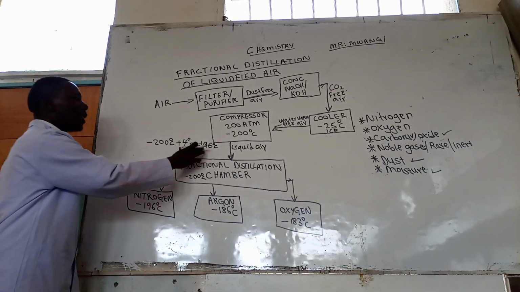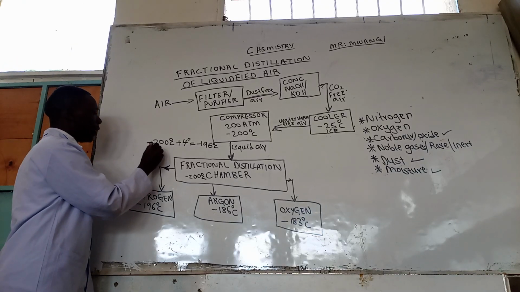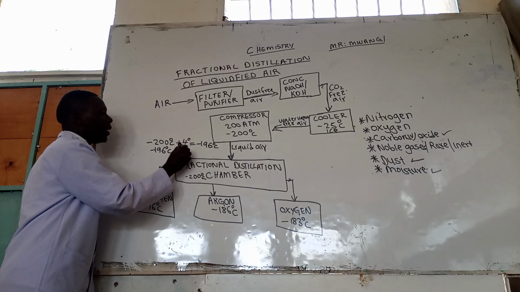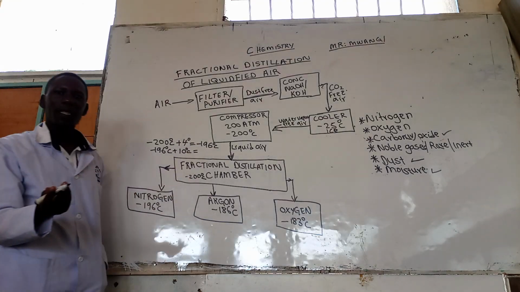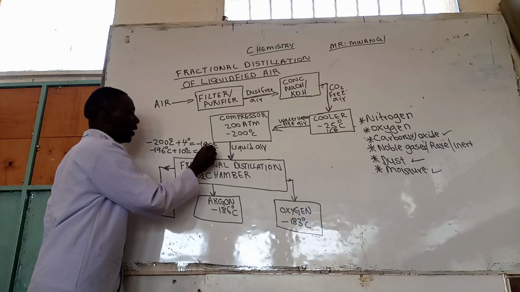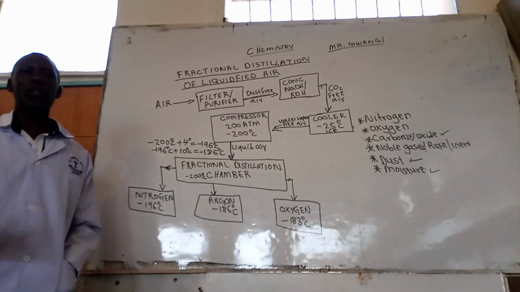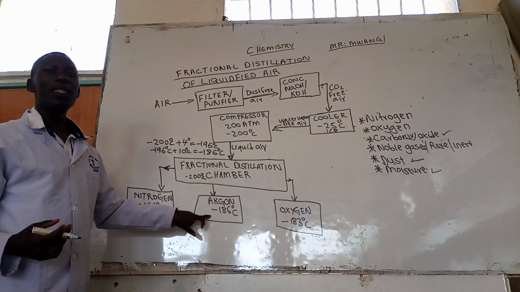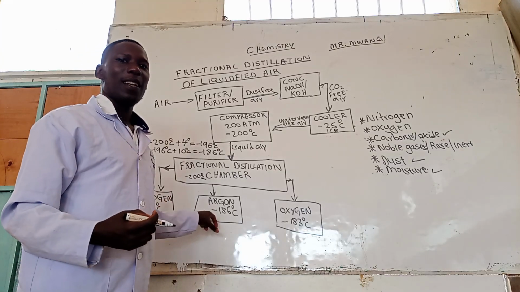Then from there, at negative 196, we add 10 degrees Celsius. So we get negative 186 degrees. We are adding these temperatures slowly by slowly. At negative 186 degrees, we now get to the boiling point of argon.